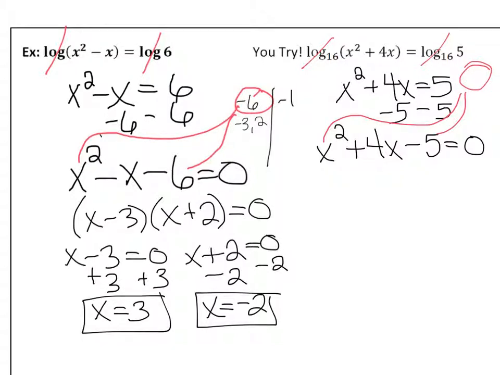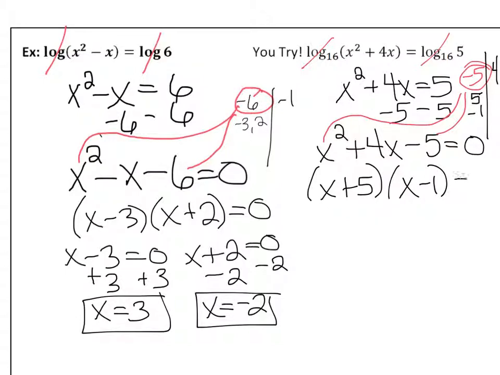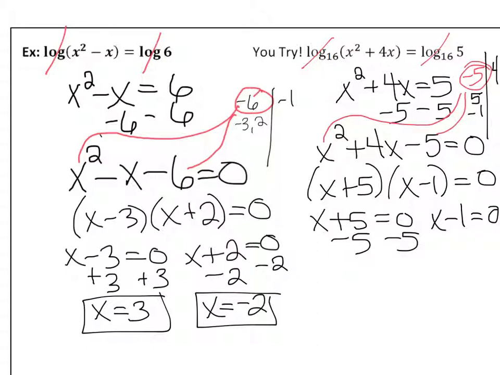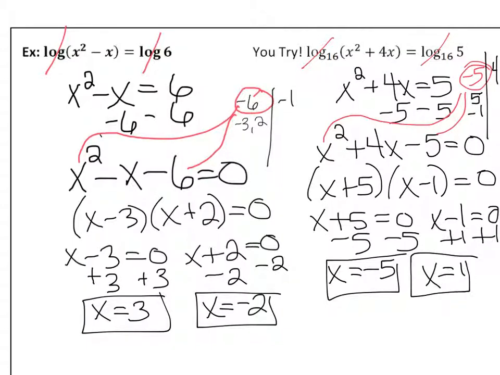So we have factors of negative 5, and it has to add up to a positive 4. So your factors should have been 5 and negative 1. So we have x plus 5 and x minus 1. If you needed to, set them both equal to 0. If you went ahead and just put their opposites, that's fine. So you should have had negative 5 and positive 1.